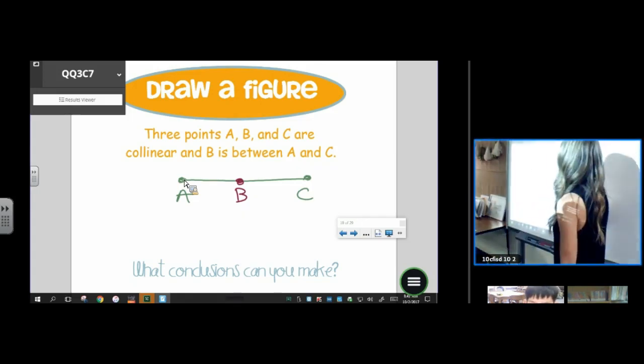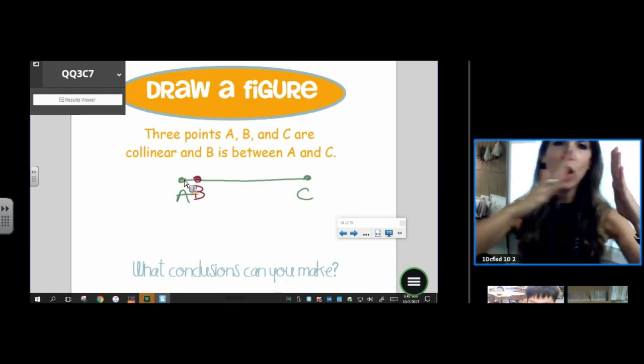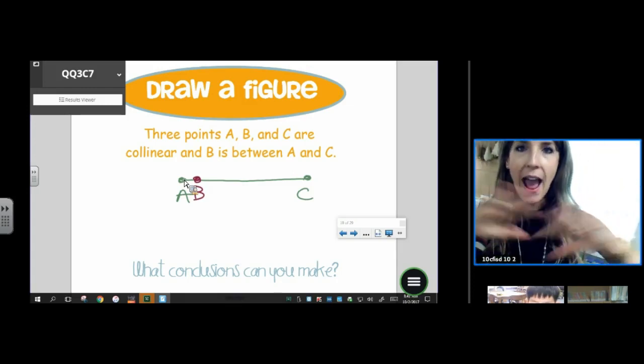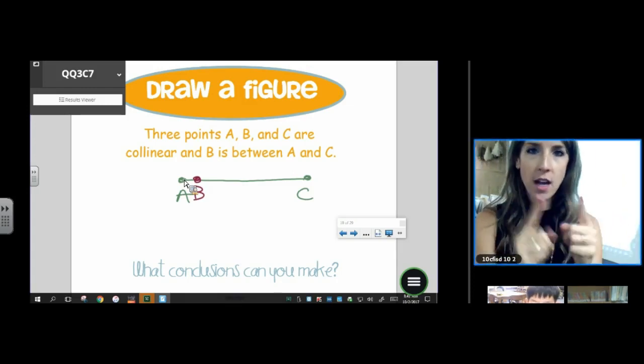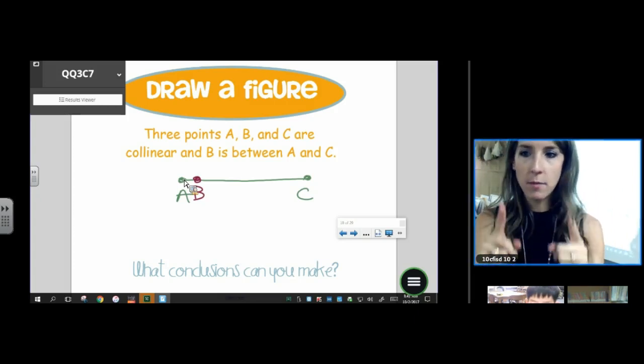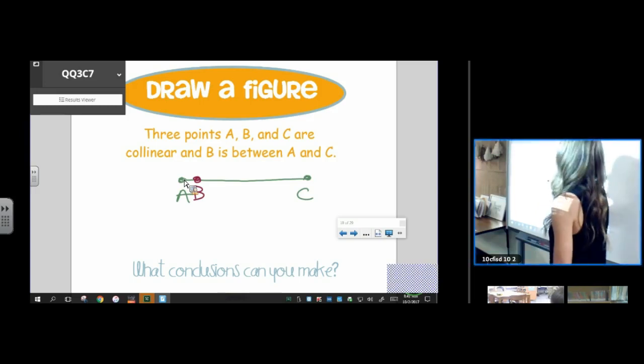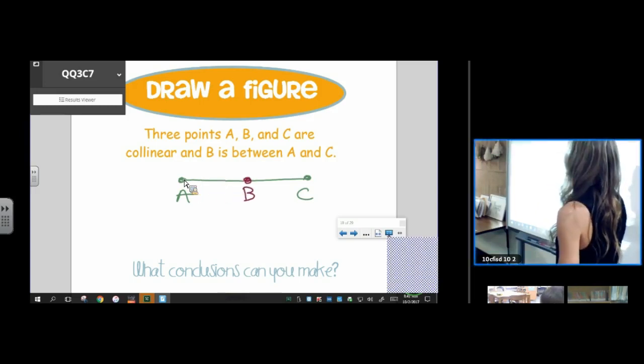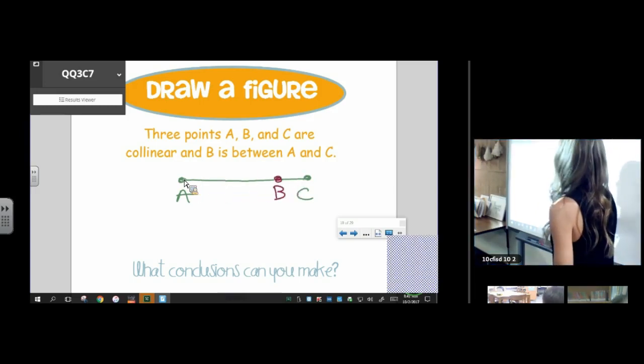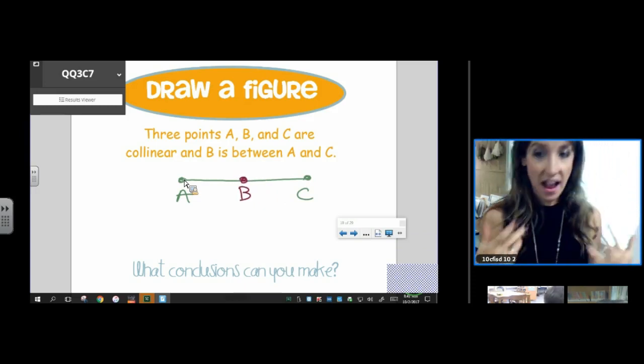Between means it lies anywhere along segment AC. Anywhere. Between does not mean middle. Middle does mean between, but between does not mean middle. So you could have put B here, here, here, anywhere. If you had put it in the middle, that's okay.